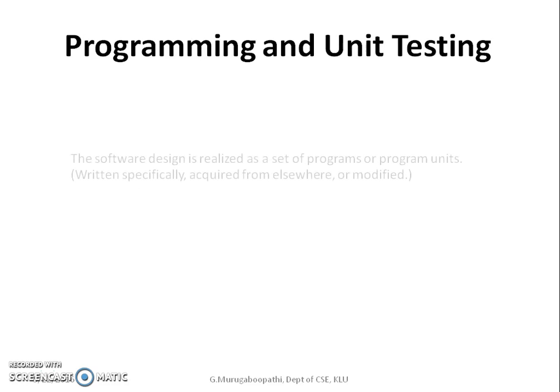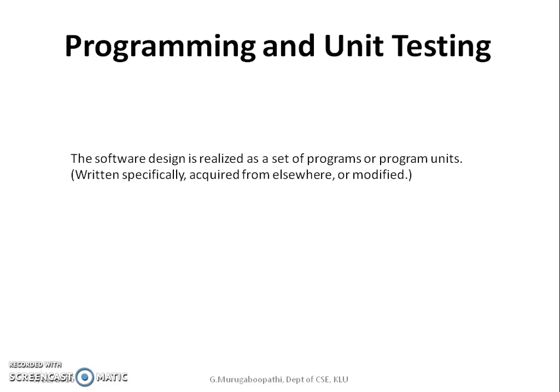The next one is programming and unit testing. The software design is realized as a set of programs or program units. In unit testing, individual components are tested against the specifications.